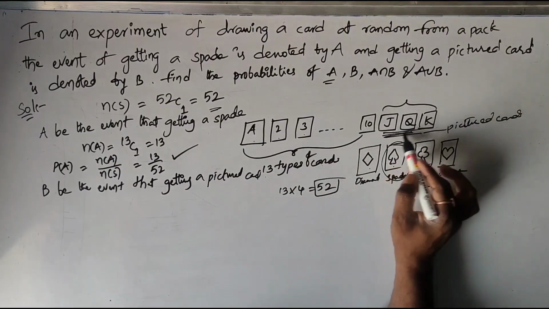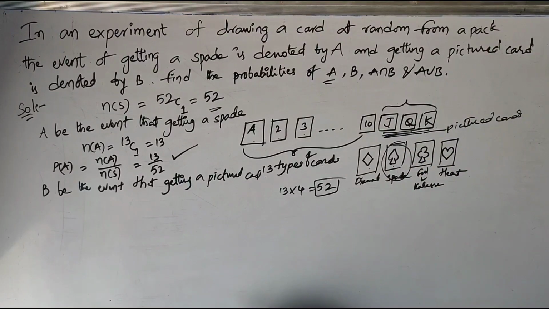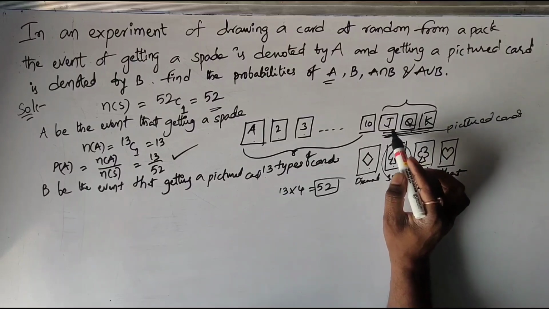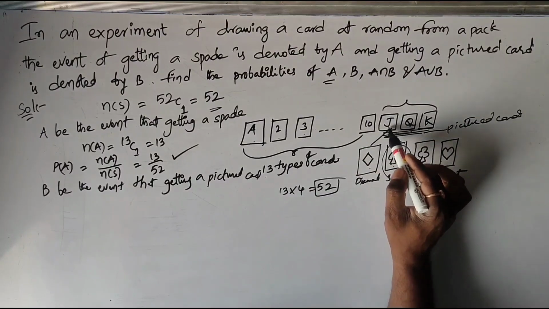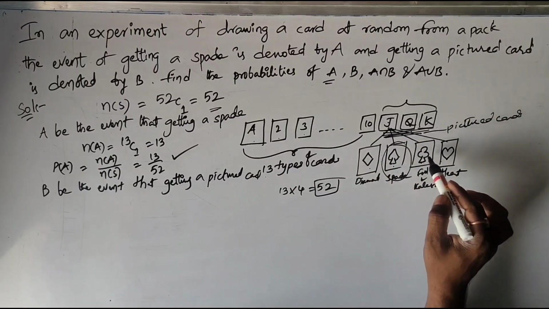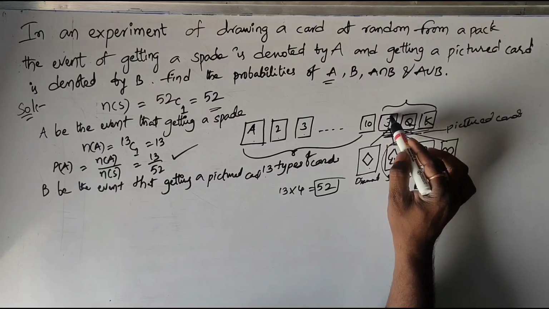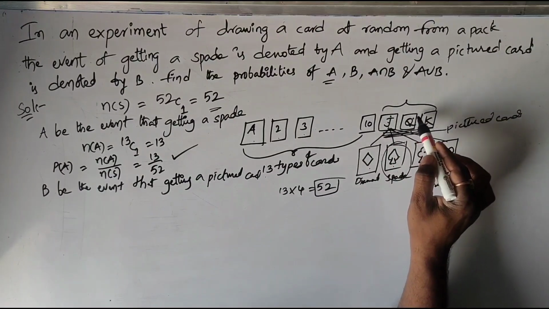How many picture cards are there? So 1, 2, 3. 3 types of picture cards are there: J, Q, K. Each and every card has these 4 symbols. So J has diamond, spade, club and heart, and likewise for the others.